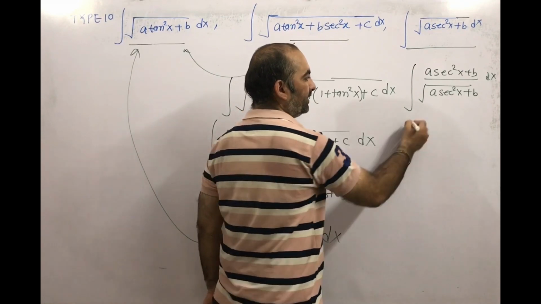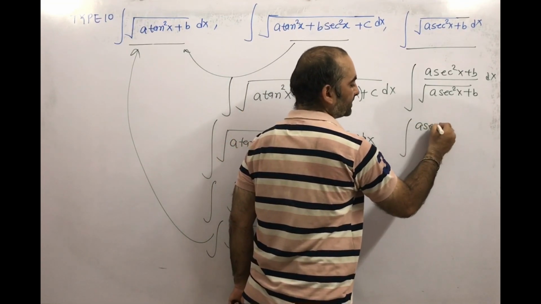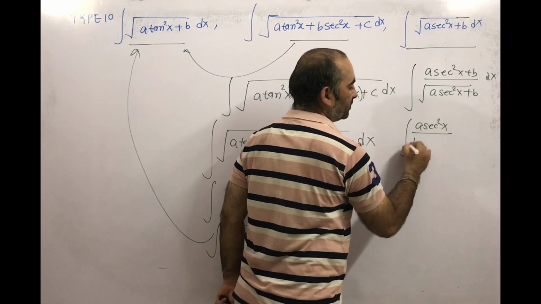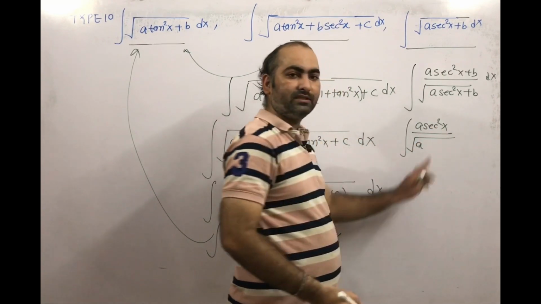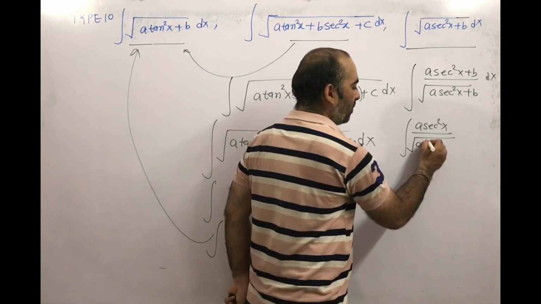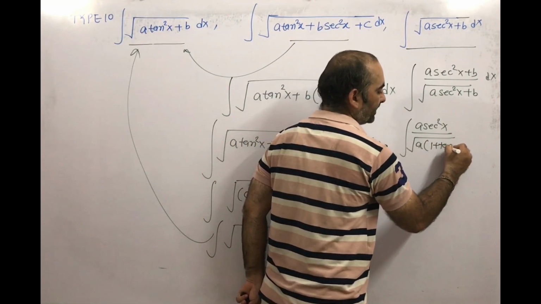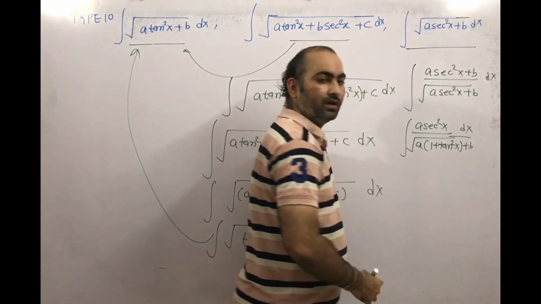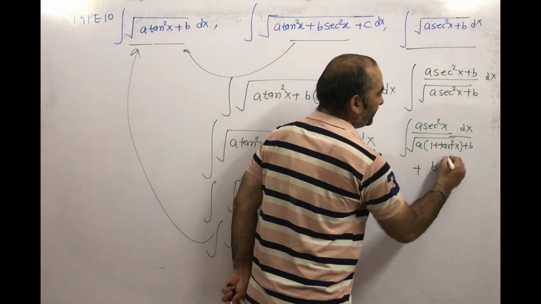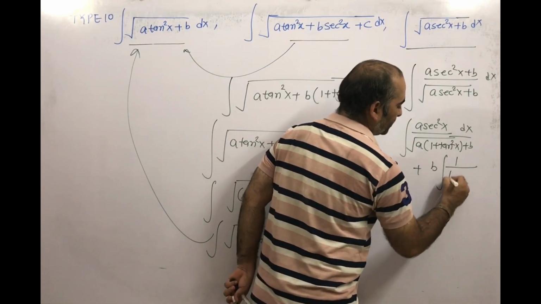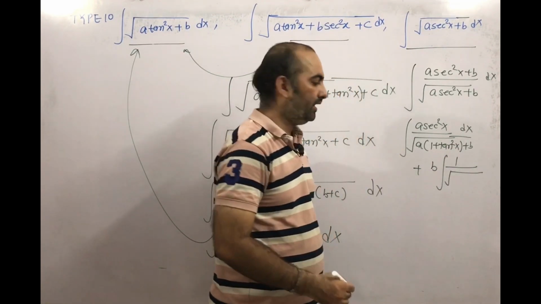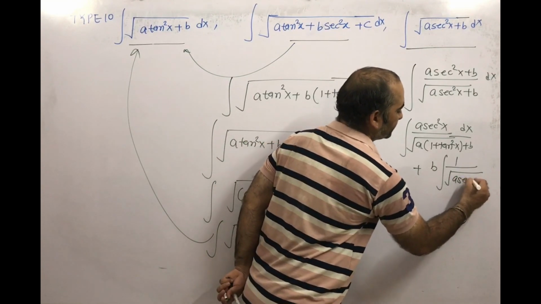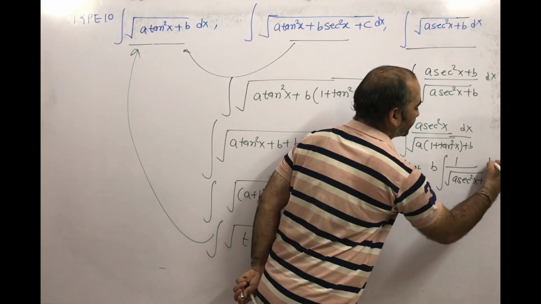So here we can do integration of a secant square x divided by root over a, this secant square x we can add 1 plus tan square x plus b, into dx, plus b integration of 1 divided by root over a secant square x plus b into dx.